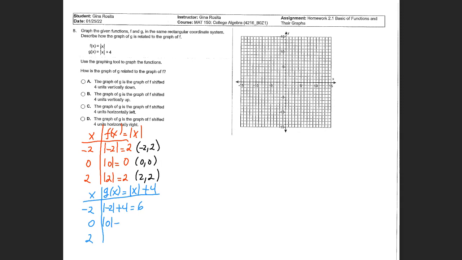Absolute value 0 plus 4 is 4. Absolute value 2 plus 4 is 6. So now the points become negative 2, 6, 0, 4, 2, 6.